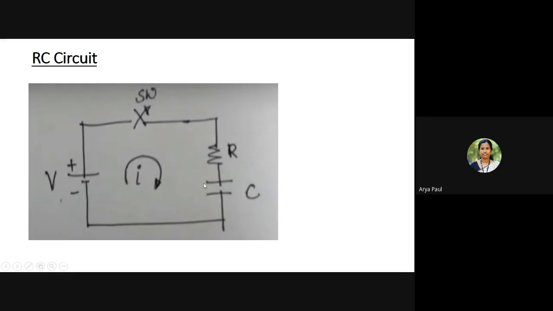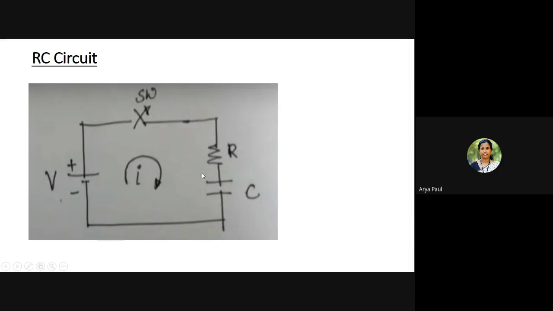When we close the switch, the capacitor voltage won't rise to a constant value fast. It won't accept a sudden change, so it will increase slowly. The current through the resistor and capacitor will be the same, because this is a series circuit. The current will gradually decrease as the capacitor voltage increases.